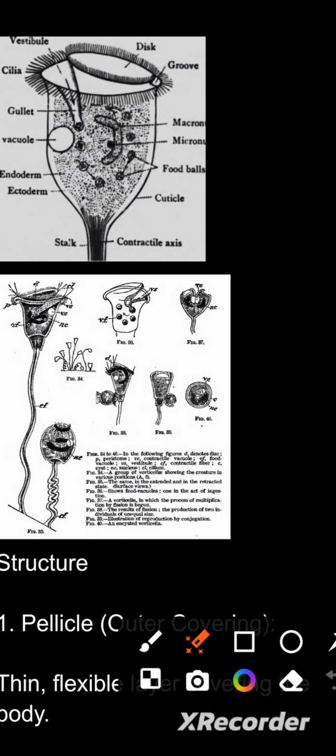Macronucleus is the large part, and the other is micronucleus, the small part, and this is the single structure of Vorticella. You can see the next picture of Vorticella.